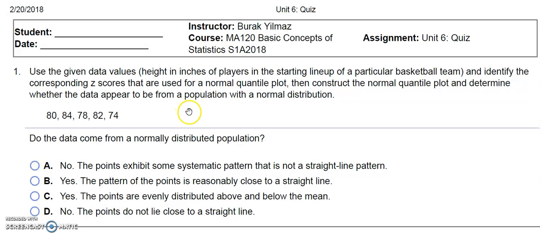And once you mark those points, if there's a pattern that looks like a straight line, then you say yes, this is normally distributed. If there's no such pattern, then the answer is no.